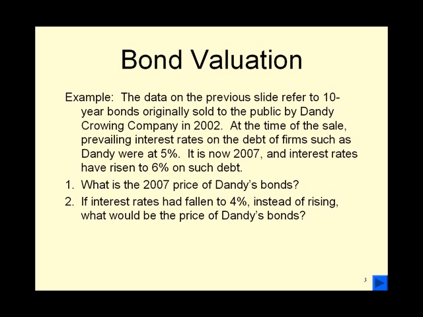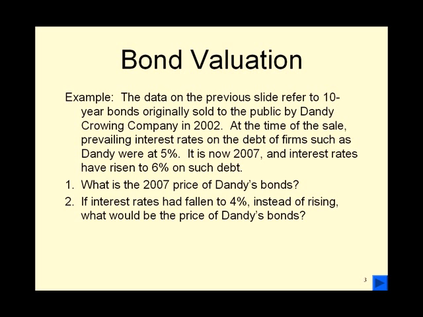At the time of the sale, prevailing interest rates on the debt of firms with a risk level of Dandy's were 5%. So let's say it's now 2007 and interest rates have risen to 6% on the debt.